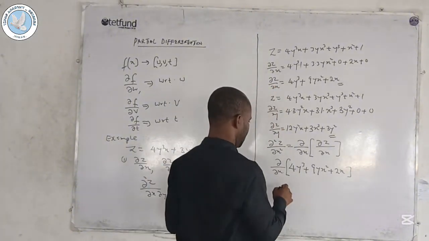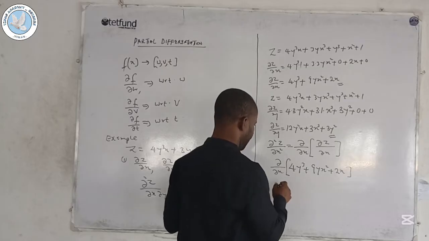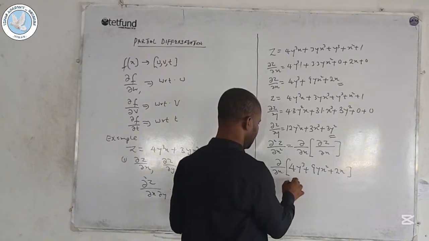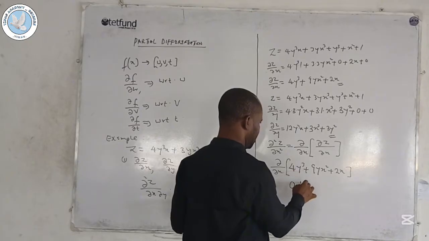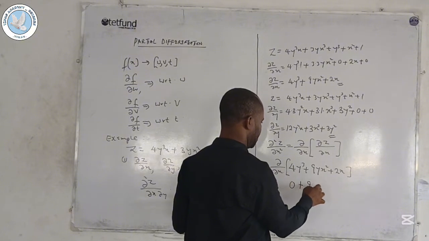So at this point we're having, and this is 0 because this is constant, plus this we're having 9.2.